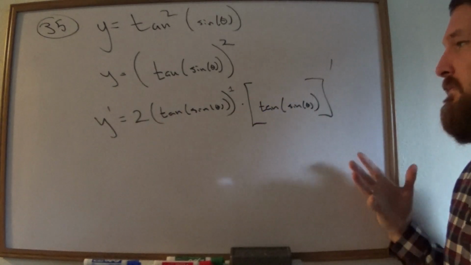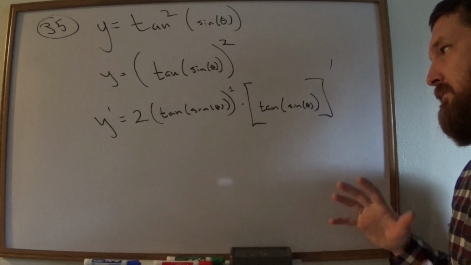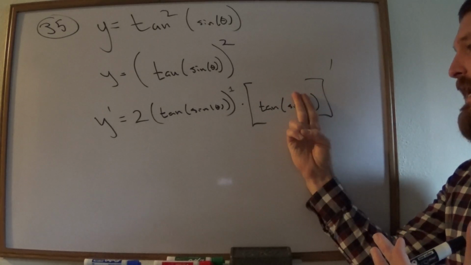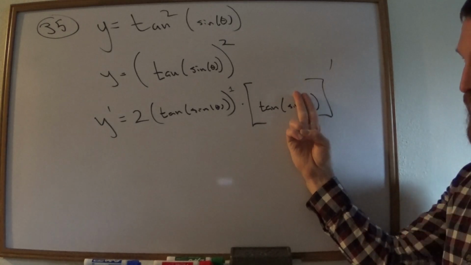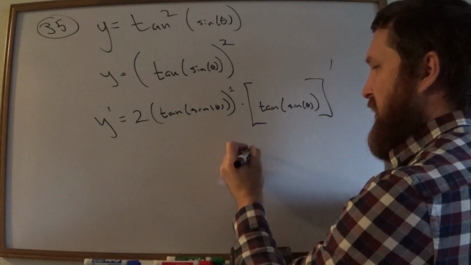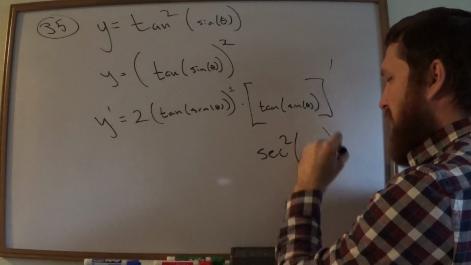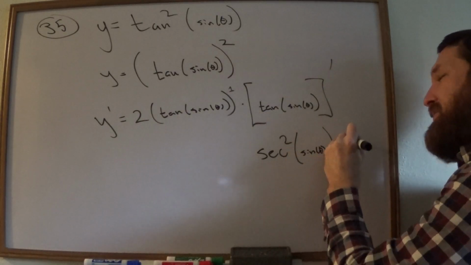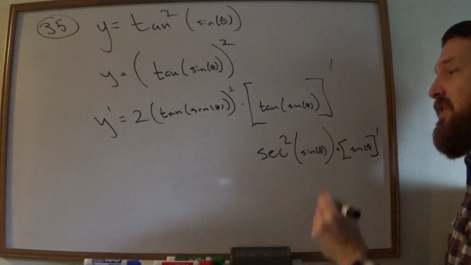So what's the outside stuff? It's just secant squared. Yes, the derivative of tan stuff is secant squared stuff. So that's the same as saying secant squared of all that stuff, which is sine theta, times the derivative of sine theta, which is cosine theta.